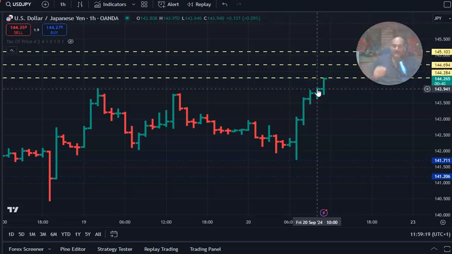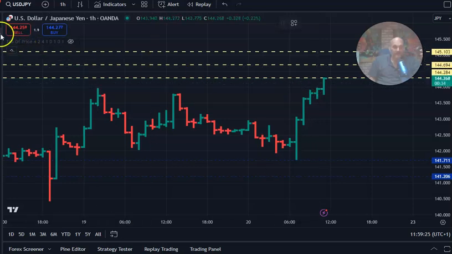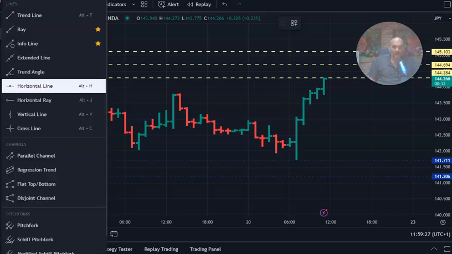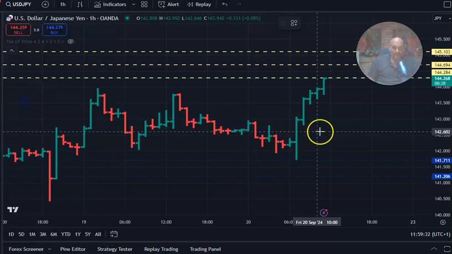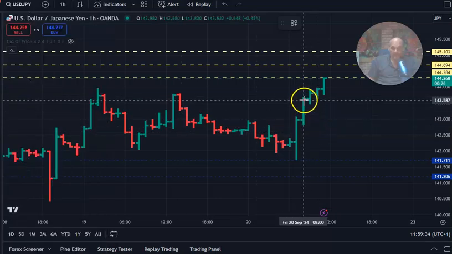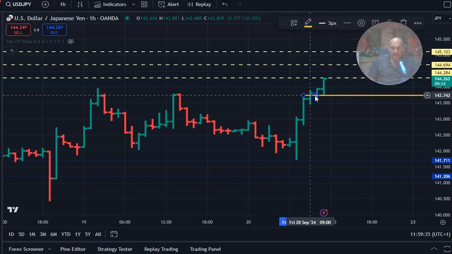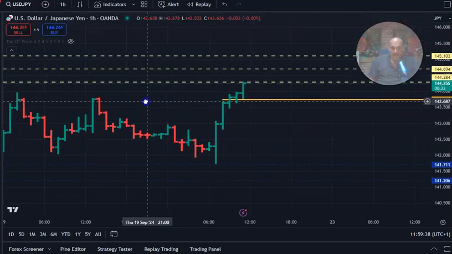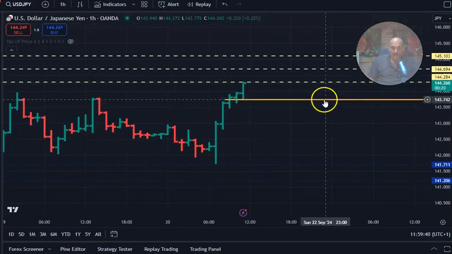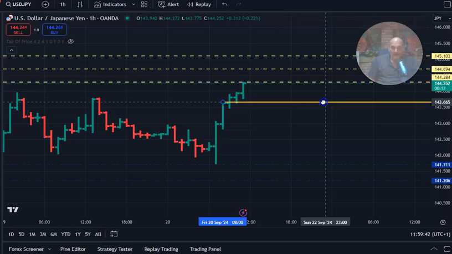Now, what does it have to stay above? Right now, it needs to stay above 143.72, and I'll use a ray for that. I'm going to put it right here. Okay, 143.72.